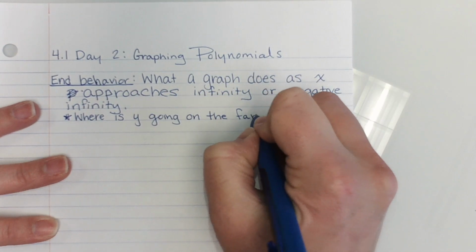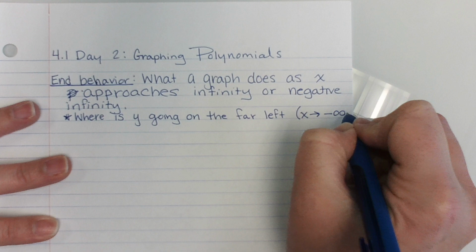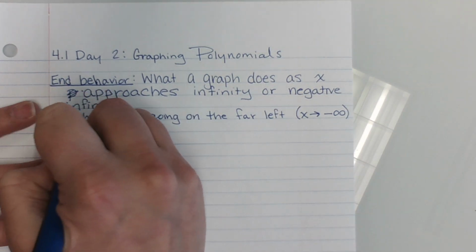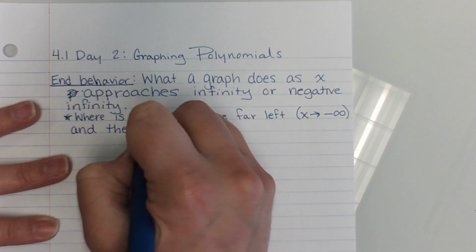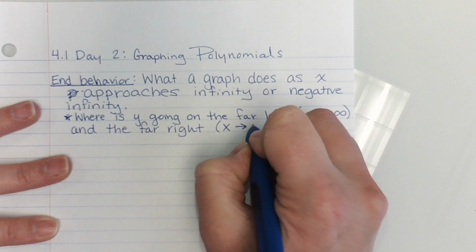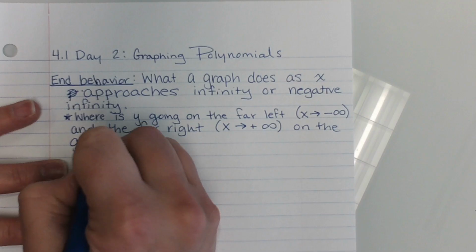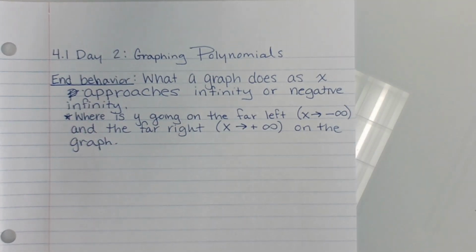On the far left, which would be when x is approaching negative infinity, and the far right, which is what happens as x is approaching positive infinity on the graph. So this is some of the key things that we're looking at today with our graphs: what is y doing as x is going to infinity and to negative infinity, to the far right and to the far left.